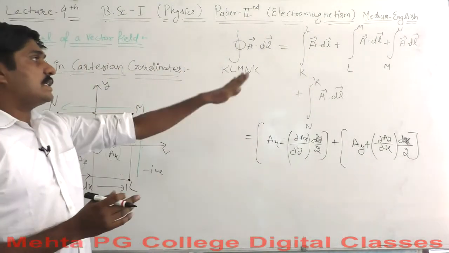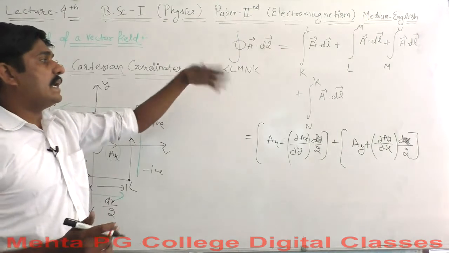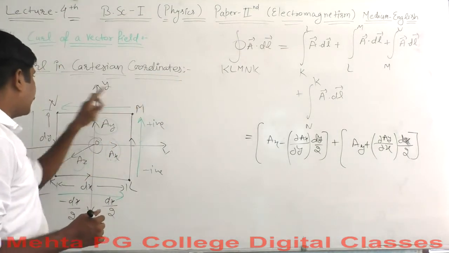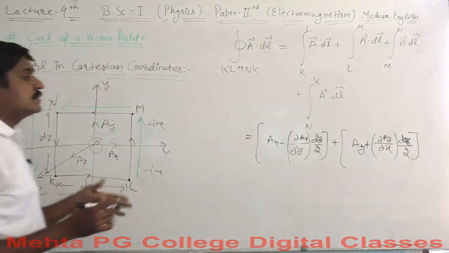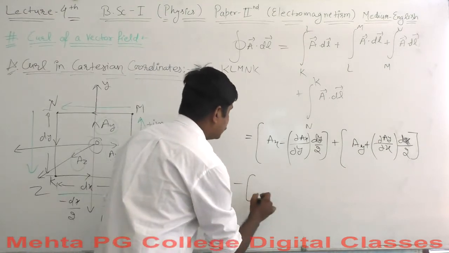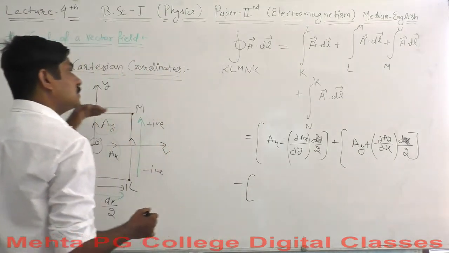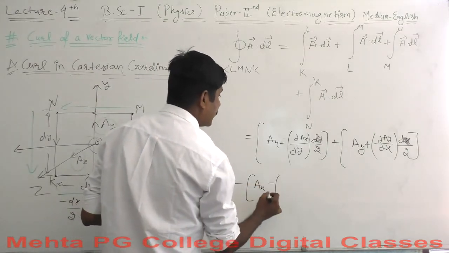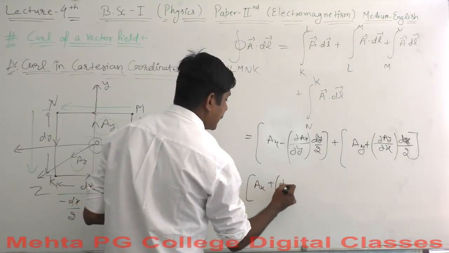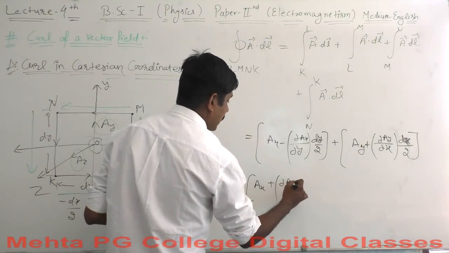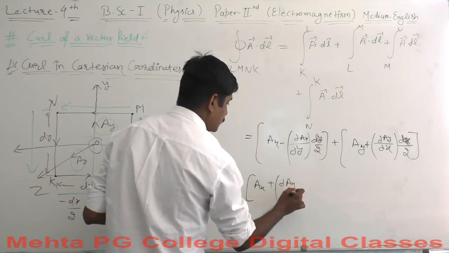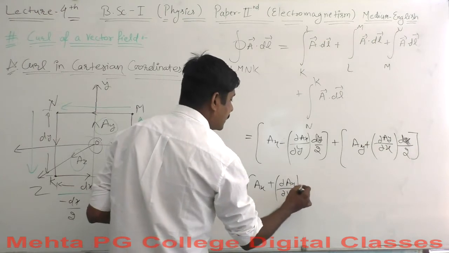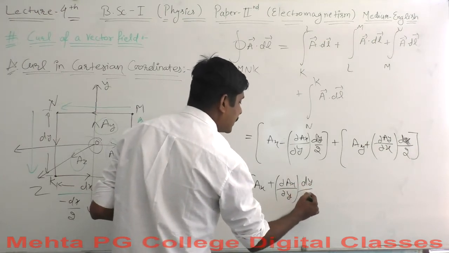So this is for this. And what about M to N and N to K? These two were negative here, negative for M to N. The component was Ax, curly Ax over curly y, and the distance dy by 2 was positive.